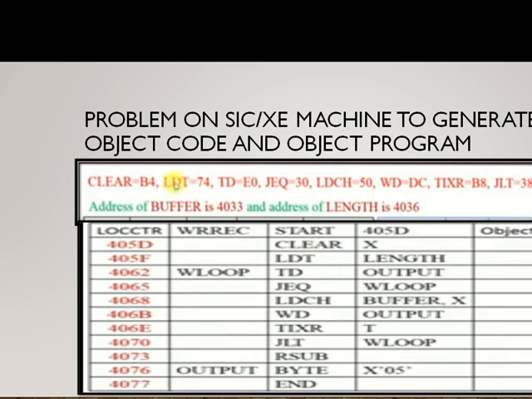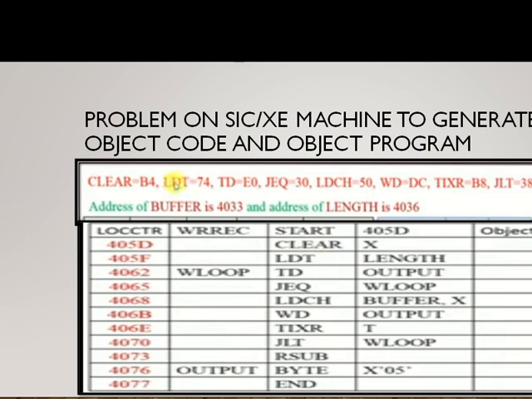The starting address is given as 405D, so we write that same address at the starting position of the location counter, that is 405D. Then we write the next address by looking into the instruction format where we have used a register. X is a register, so this refers to format 1.